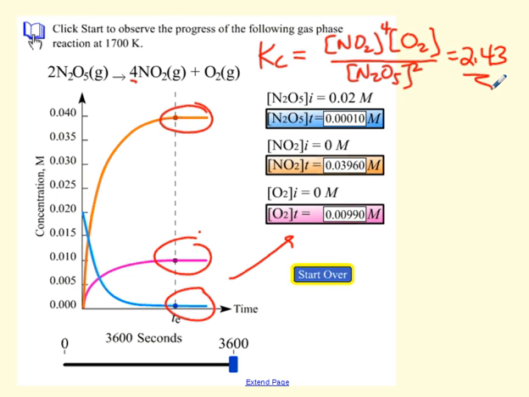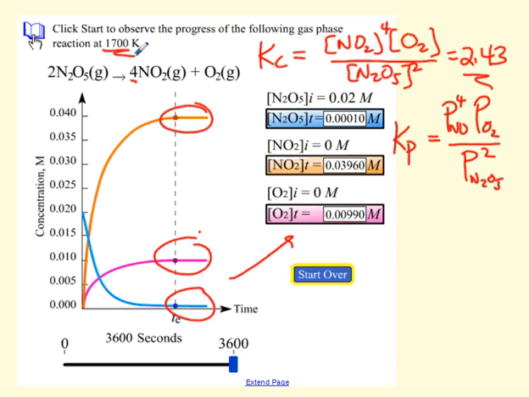All right. If these are all gases, we could have also written the Kp expression. I'll just quickly do that here. The Kp expression is done using pressures. So it would have been the pressure of the NO2 to the power of 4 times the pressure of the oxygen divided by the pressure of the N2O5 squared. And we would have to know the temperature. We do here. Here's the temperature, 1700 Kelvin.